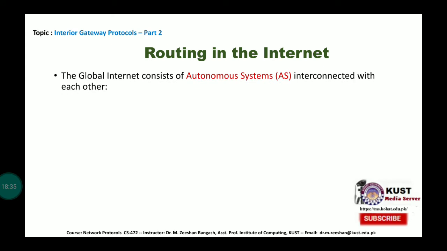Now, let's talk about the routing issues related to the internet and some basic information. This global internet basically consists of autonomous systems, a group of interconnected autonomous systems that are interconnected with each other. And there are three terms we use.